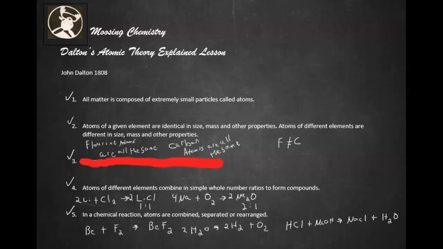So yes, that's it. These are the 5 statements that John Dalton came up with in 1808. But remember his statement number 3, atoms cannot be subdivided, created, nor destroyed, is no longer true because we have nuclear chemistry. So we can create atoms, we can subdivide atoms, and we can certainly destroy atoms.